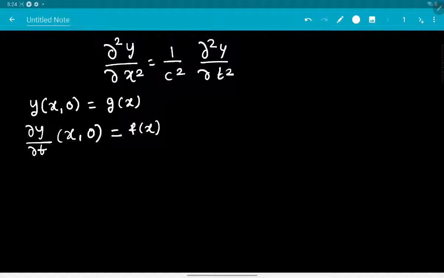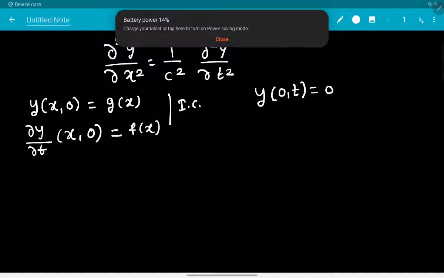These are initial conditions, and we also have specified boundary conditions. Boundary conditions were like this: y at x equal to 0, for all time t, always has to be equal to 0, since we have the left edge fixed.